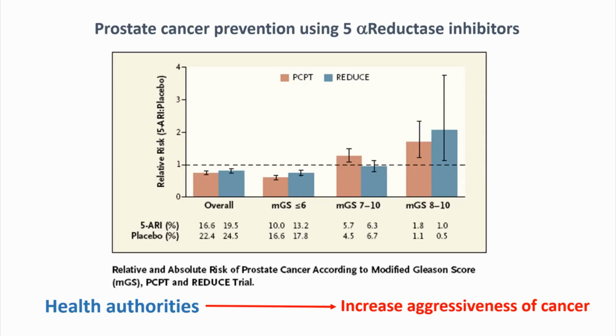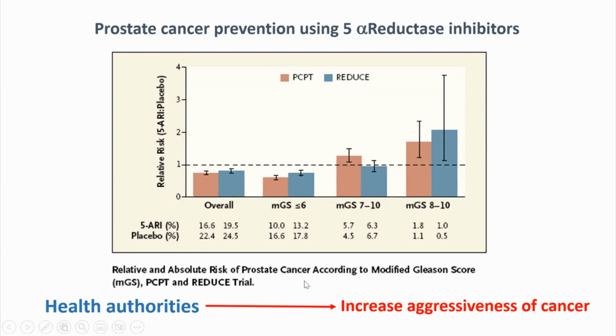But after this result, you can see that we have a reduction of prostate cancer, but an increase of the more aggressive disease, defined by the classification of the prostate cancer at the diagnosis.